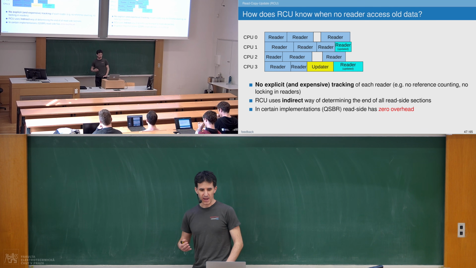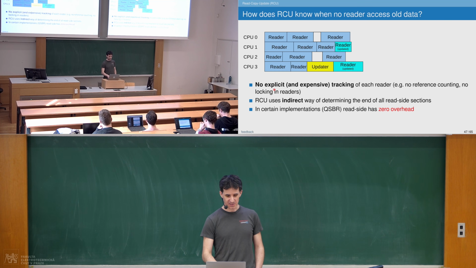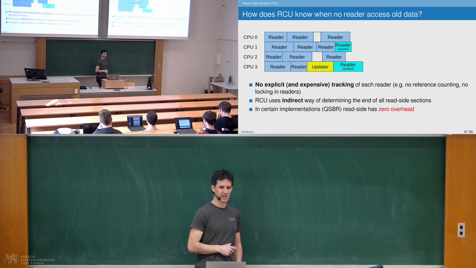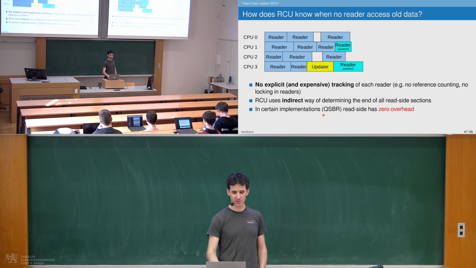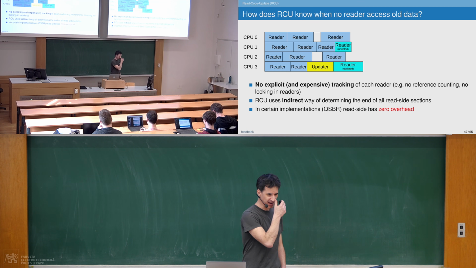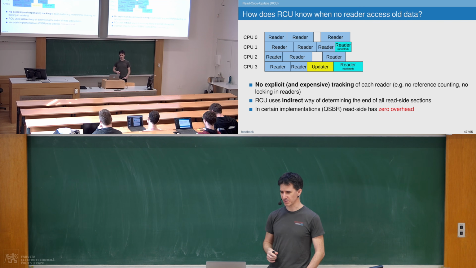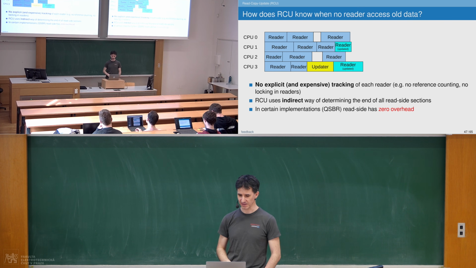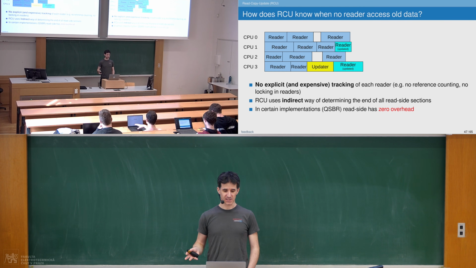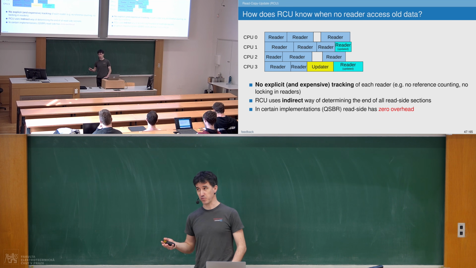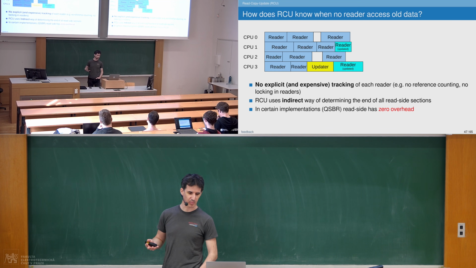There are different ways how to implement this indirect way of determining. Interestingly, some ways have even zero overhead. So that's very nice. There is really no overhead on the reader side. The disadvantage is that you need to have a certain structure of your application.